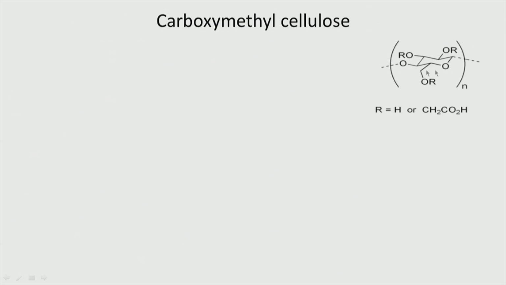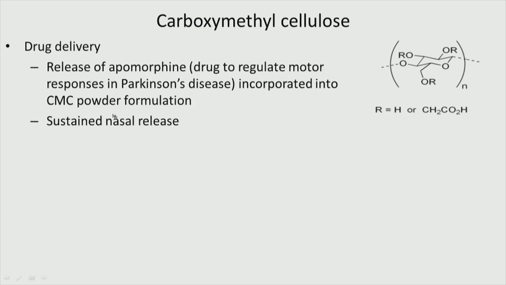Then comes carboxymethylcellulose. So, we can convert this, if it is H, of course you have the alcohol. So, we add the carboxymethyl here, then the solubility of it goes down, crystallinity also goes down. Then it can be used for drug delivery, for example release of a drug to regulate motor response in Parkinson's disease.